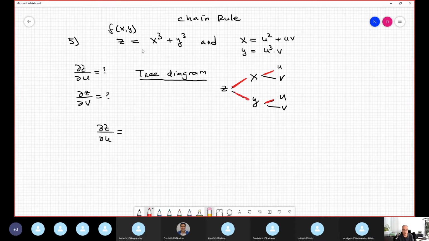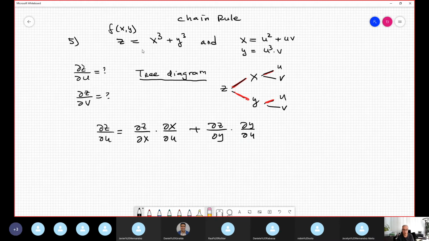It's partial z with respect to x times partial x with respect to u, plus partial z with respect to y times partial y with respect to u.